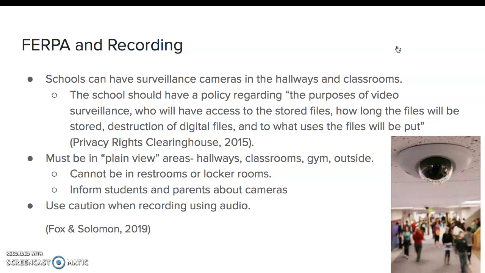So just letting students and parents know you will be recorded, but that the recordings will only be used for school-related incidences. And while you can use audio recordings, you have to tell the people you're recording that they're being recorded. So it's just safer to not have audio recording in the hallways as well.